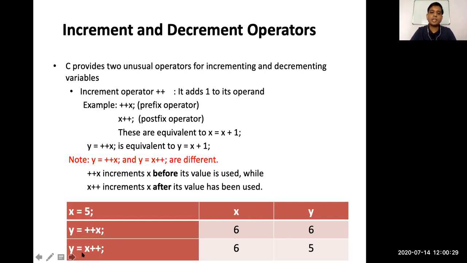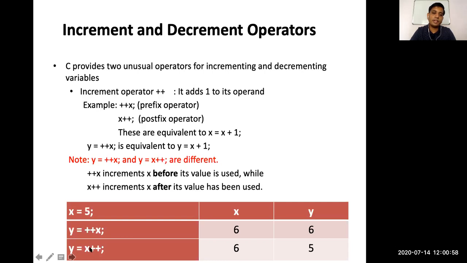But it is not the case for the post-increment or the post-decrement. Post means after, so first apply the value of x. Now if x is equal to 5 and you are doing x plus plus, then this 5 is assigned to y.